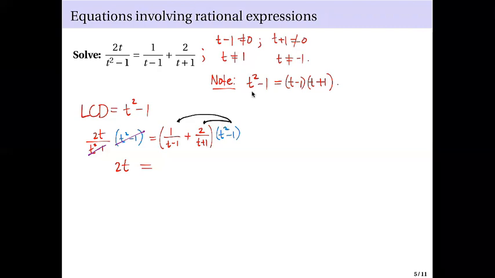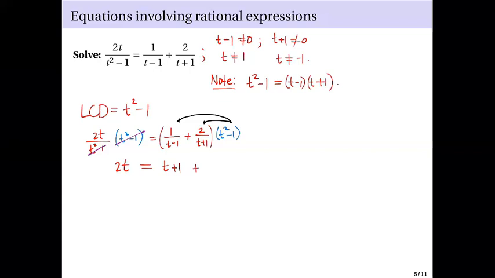Which means if we distribute this t squared minus 1 to this part, t minus 1 will be cancelled. So we will only have t plus 1 for that. So 1 over t minus 1 times t squared minus 1. The t minus 1 will cancel this. So we'll be left with t plus 1.